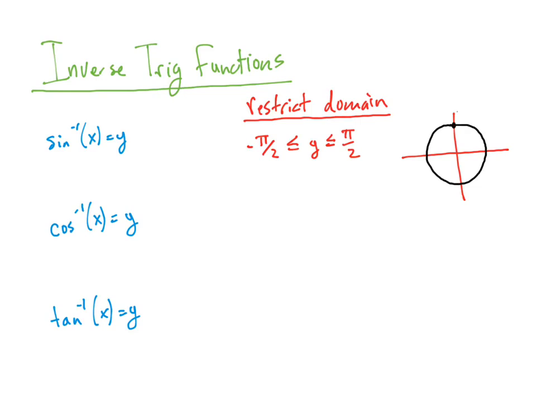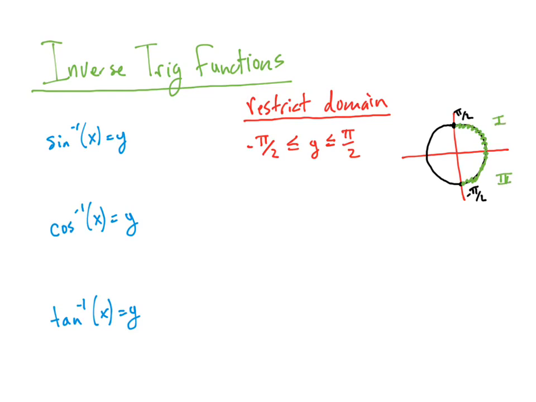So this point in radians is pi over 2. This point down here is negative pi over 2. So when we restrict this, we're talking about this region here. It's kind of like we're talking about quadrant 4 and quadrant 1.